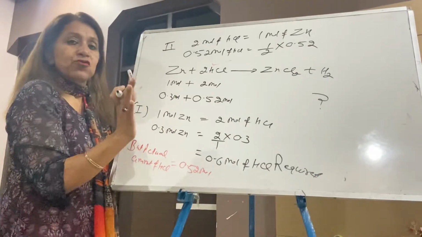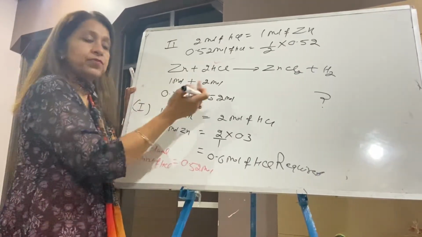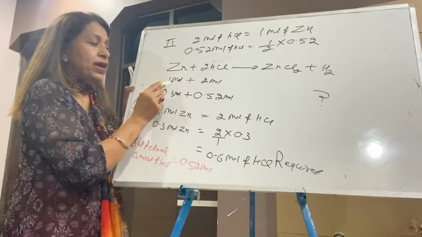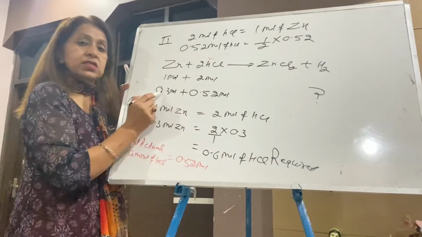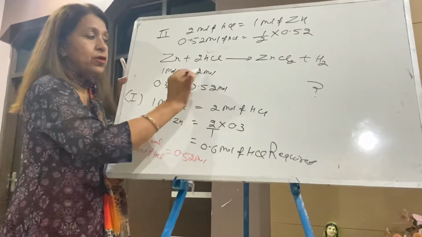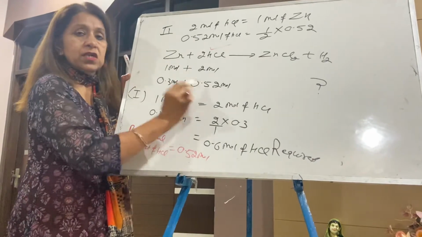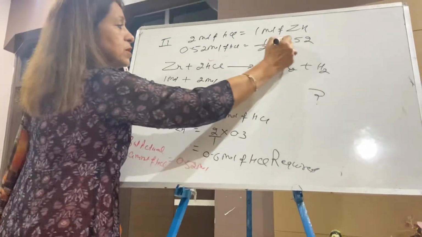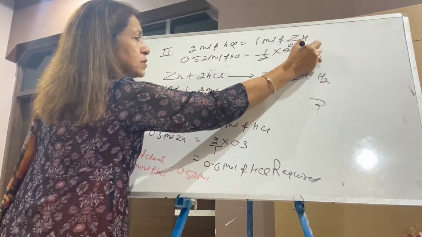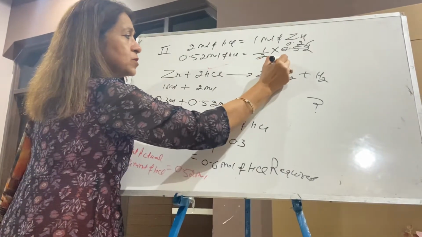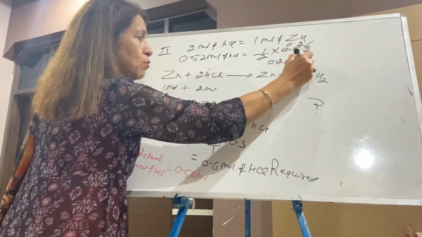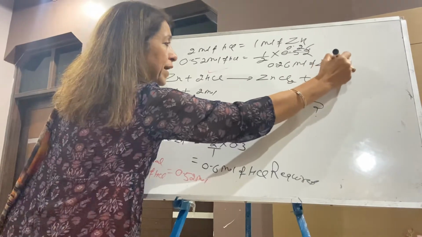So you apply the unitary method: first like this, second like this. 1 is equal to 2, this is equal to how much? This comes to 0.26. This means 0.26 mole of zinc is required.